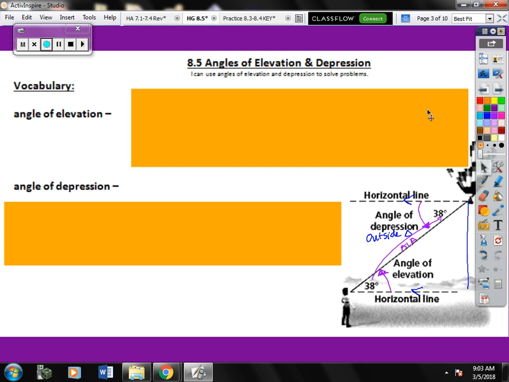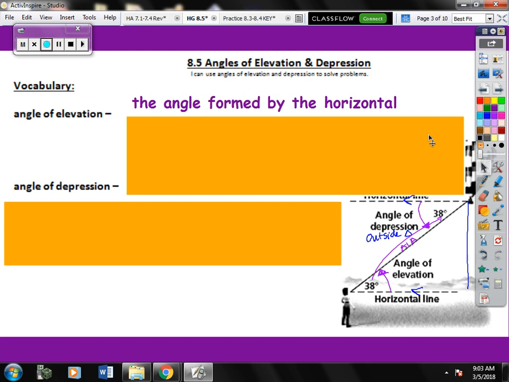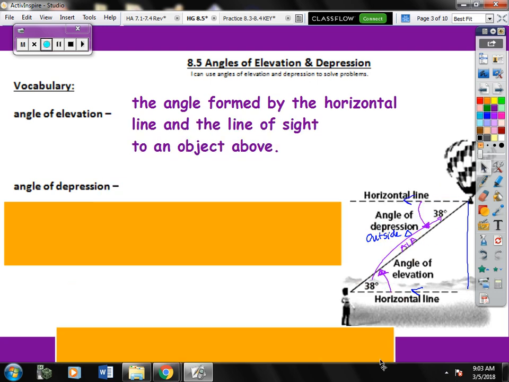So formal definition, we have angle of elevation is the angle formed by the horizontal line and the line of sight to an object above.